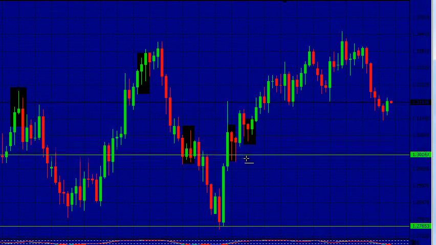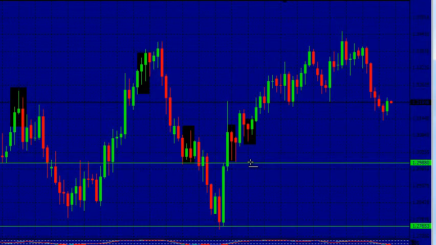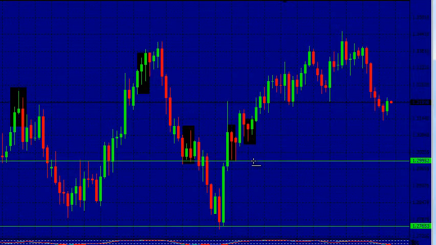Two pin bars that came back down and found support here, basically at 1.30 psychological level, like we spoke about in the previous video. So you have two strong pin bars in an up move, rejecting support, facing upwards. This is a very strong indication that the trend is in fact going to keep moving up.